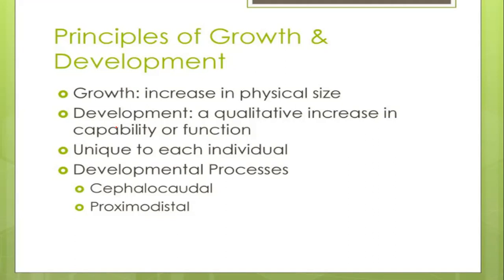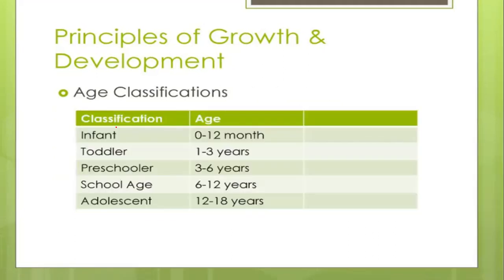Developmental processes are cephalocaudal and proximodistal. What does that mean? From upwards to downwards, from the head to the lower part of the body, and from proximal to distal. We already talked about it in our first or second class, I think.